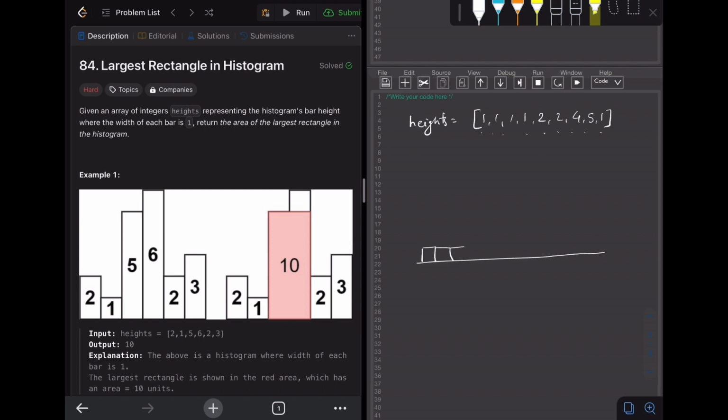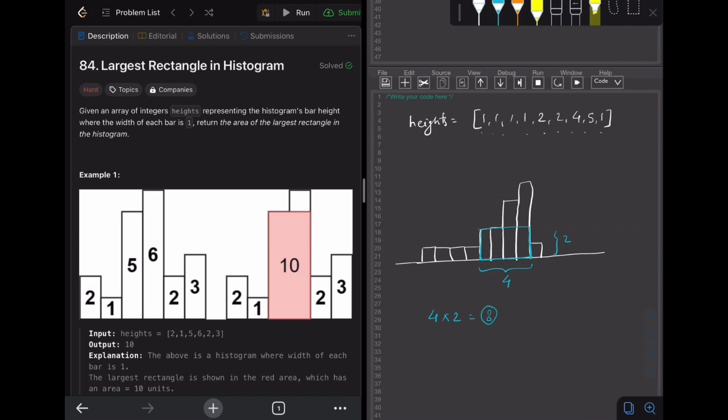We have these 4 ones here, and then we have a 2, and then we have a 4, 5, and another 1. Okay, again you can see there are many rectangles here. This is 1, for example. Width is 4, height is 2, area is 4 times 2, which is 8.